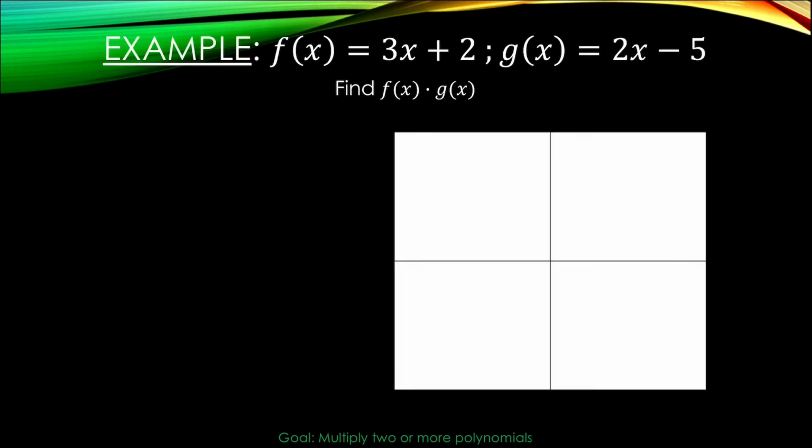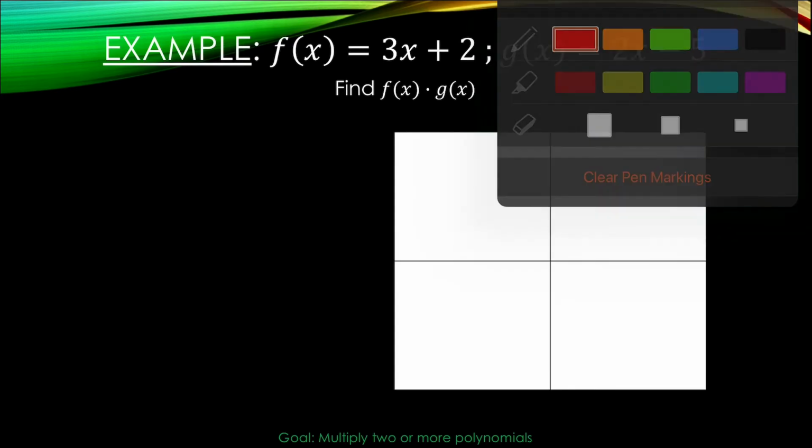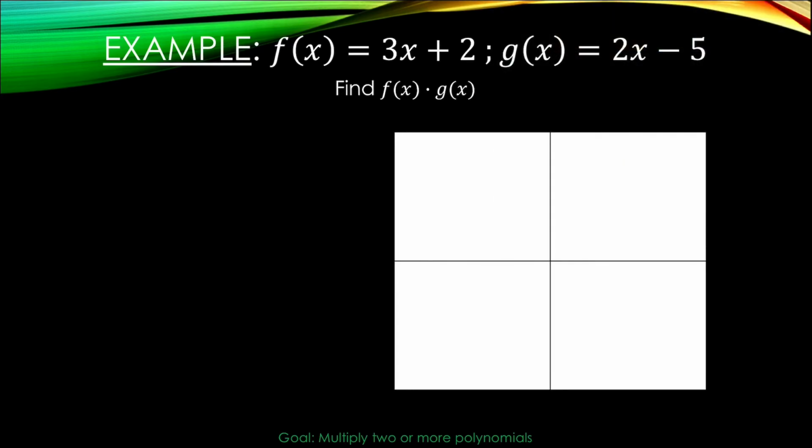I like to use the box method here just because it helps me to have everything distributed properly. So I have 3x plus 2 here and 2x minus 5. Now I can just fill in each of these. In this first box, I'm going to take 3x multiplied by 2x, which gives me 6x squared.